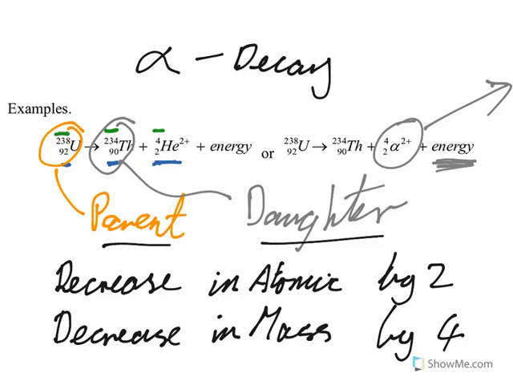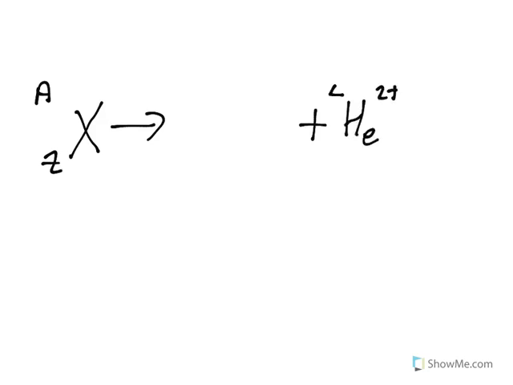There's another example of radium and radon in your notes as well. So if we use a symbol form, we start with X, which has a mass number and atomic number. It decays via alpha, 4, 2.